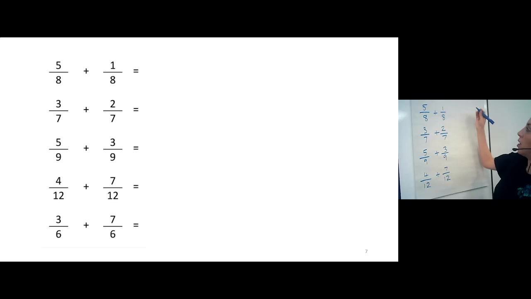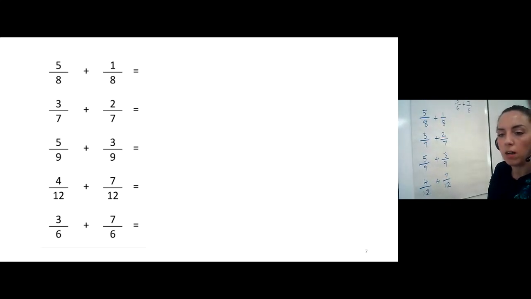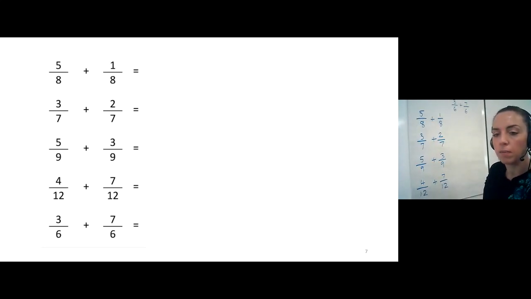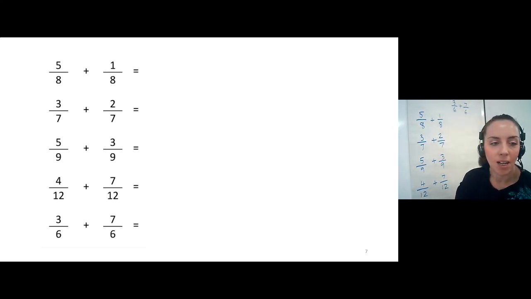We have 3 over 6 plus 7 over 6. So just in case anybody can't see it, I'm hoping you'll be able to see that. Let's just move that up a bit on the screen. You might be able to chat me back, you might not.